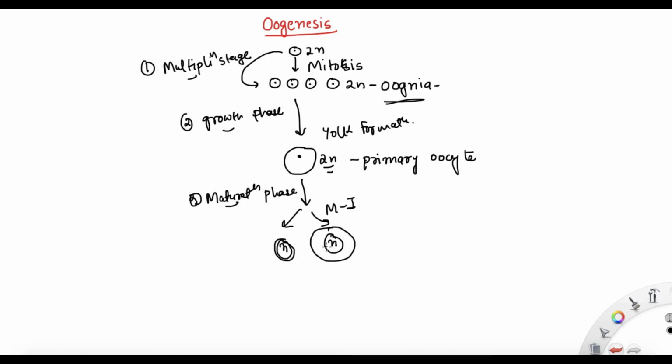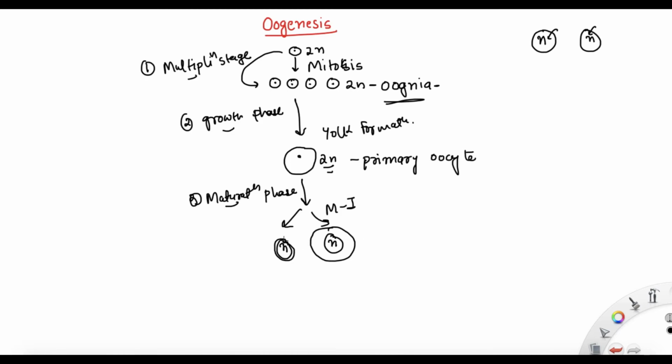It has to undergo chromosome reduction, because at the end we want a gamete that is haploid, because it has to fuse with another haploid gamete, that is the sperm. If the chromosome is not reduced, there is going to be a complication. So the chromosome number is reduced here, but the cytoplasm is unequally divided.